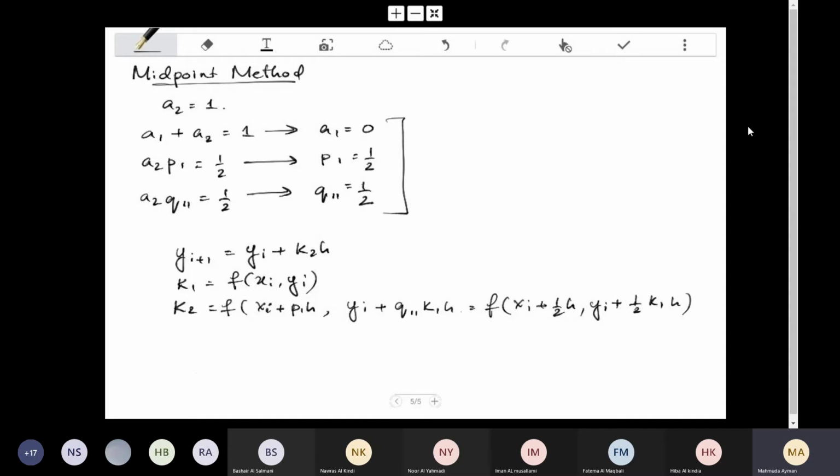So this here is the midpoint rule method, and k2 is an approximate value of the slope at a point somewhere in between xi and xi plus 1, because it's exactly half way from the point you are at. That's why it's called the midpoint rule.